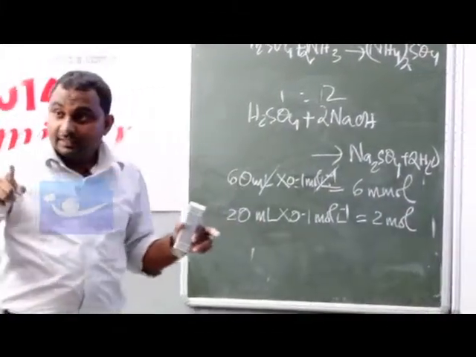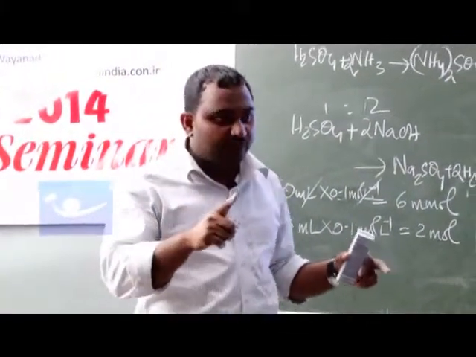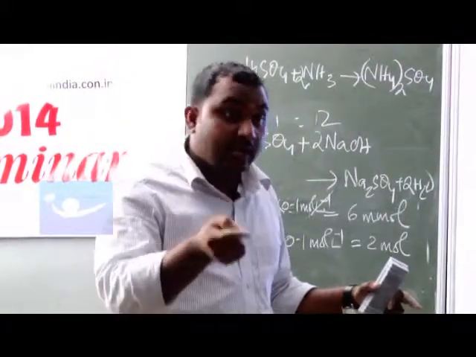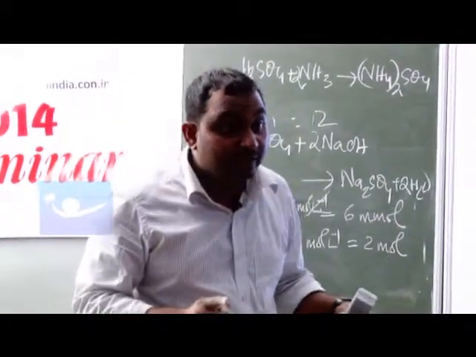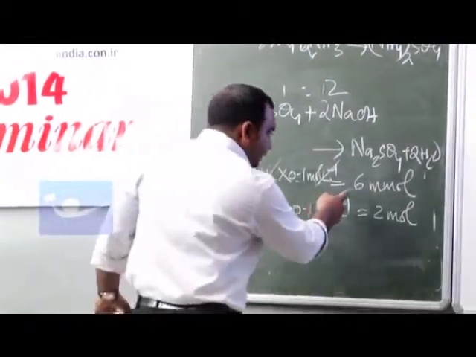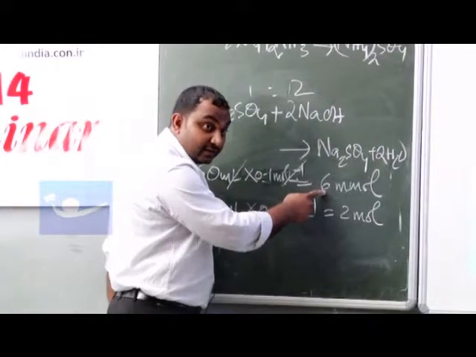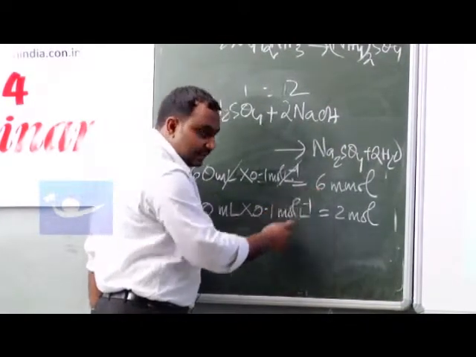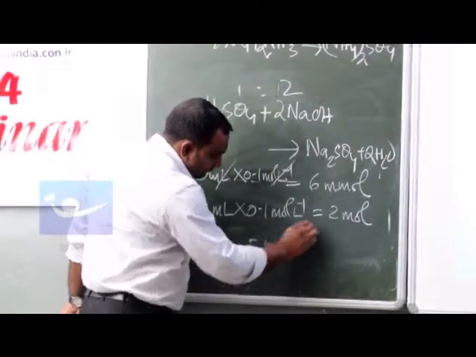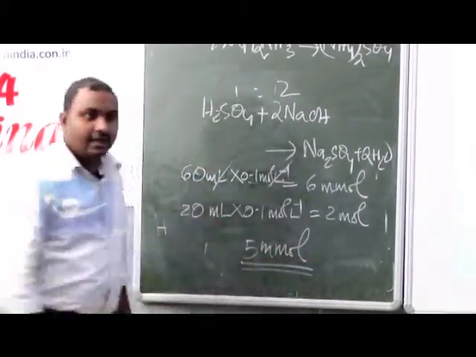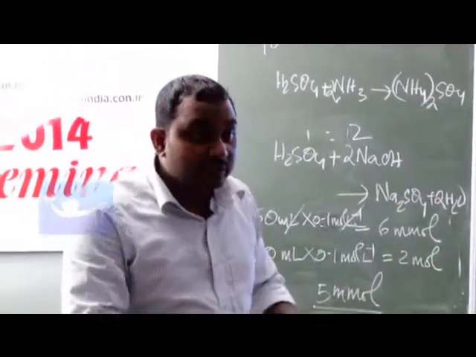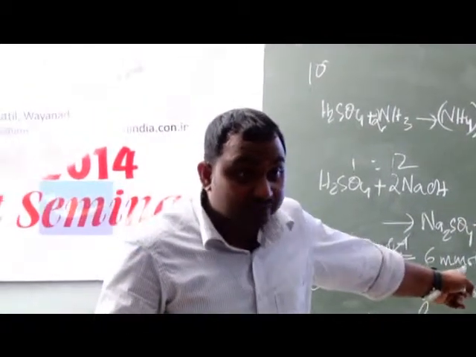Tell me, to treat with H2SO4, suppose you are taking 2 millimoles of NaOH, how many millimoles of H2SO4 is required? 1 millimole of H2SO4. That you have to subtract from there. From where? 6. So remaining how many? 5 millimole. So if it is 5 millimole, how many millimoles of NH3 will be produced?